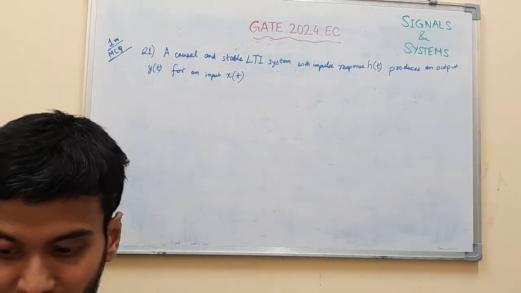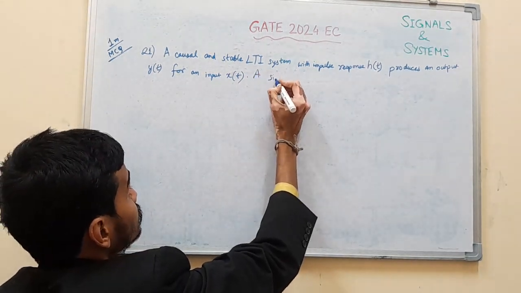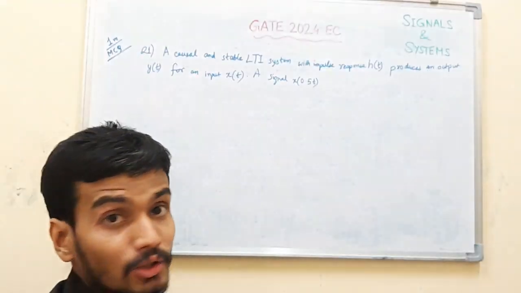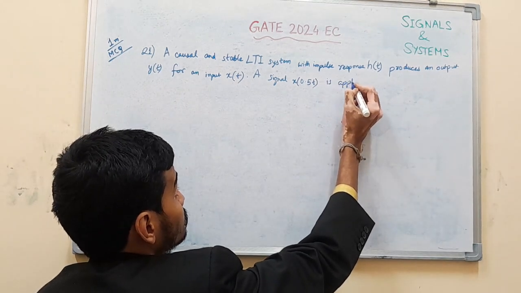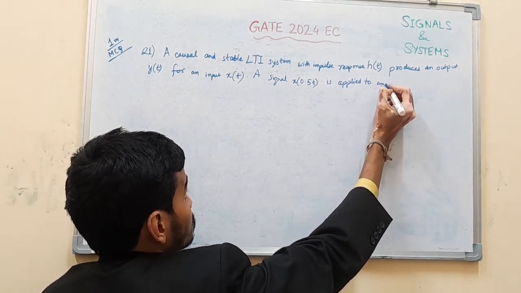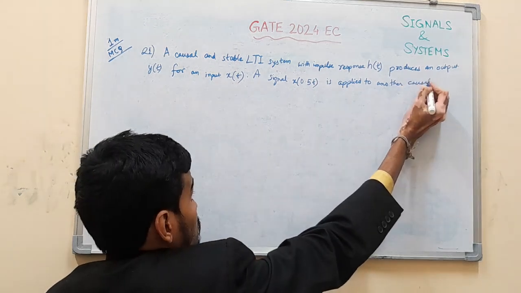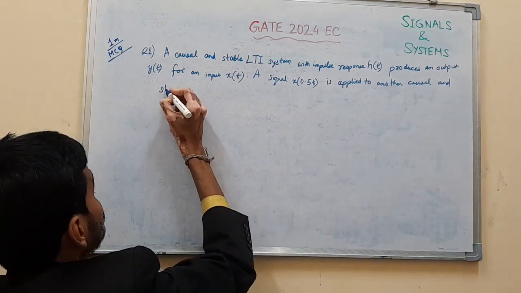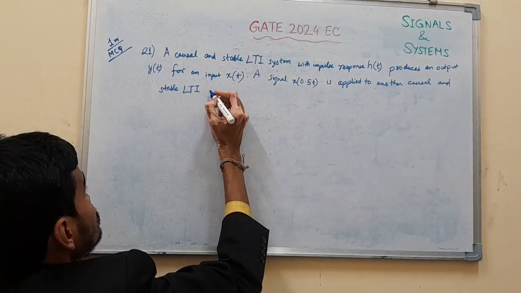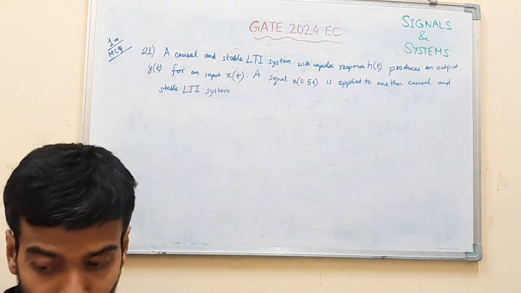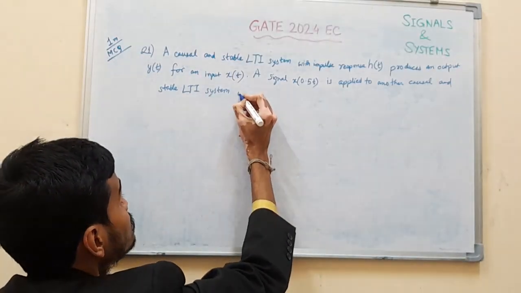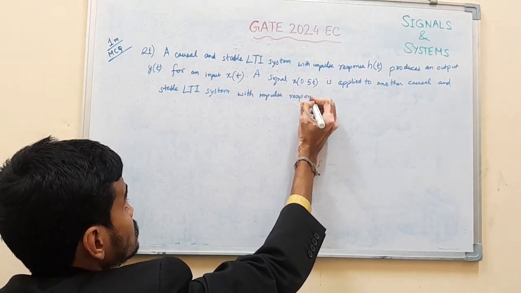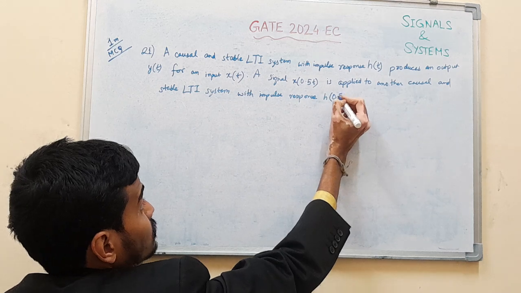Now, a signal x of 0.5t is applied to another causal and stable LTI system with impulse response h of 0.5t.